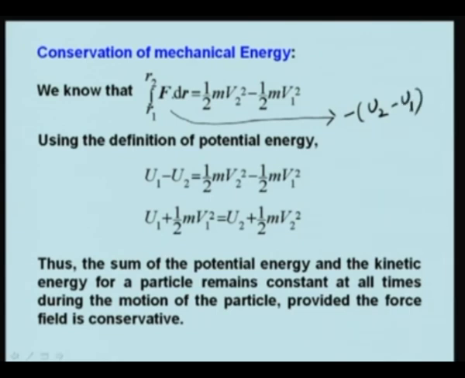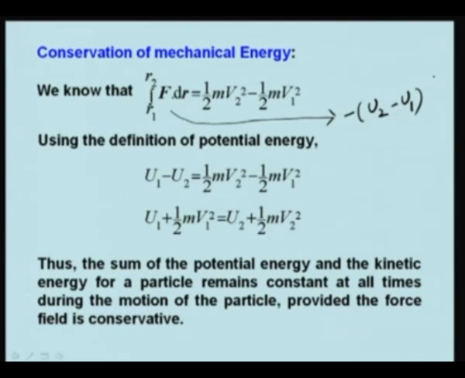F is the work done on the particle by the field, and it has the tendency to decrease the potential energy. The force field is trying to decrease the potential energy. So, therefore, the integral from r1 to r2 of F dot dr is minus (U2 minus U1).